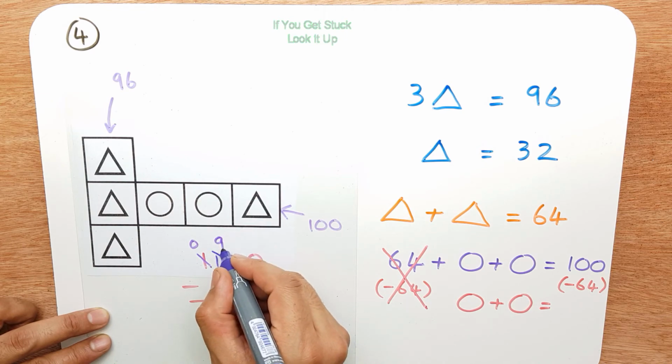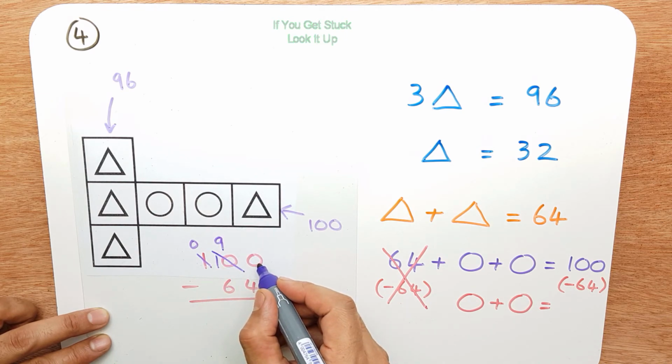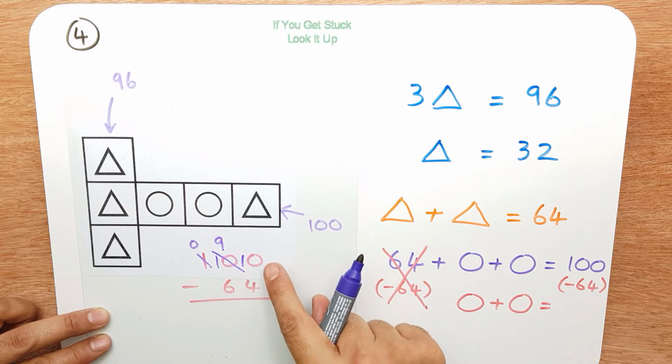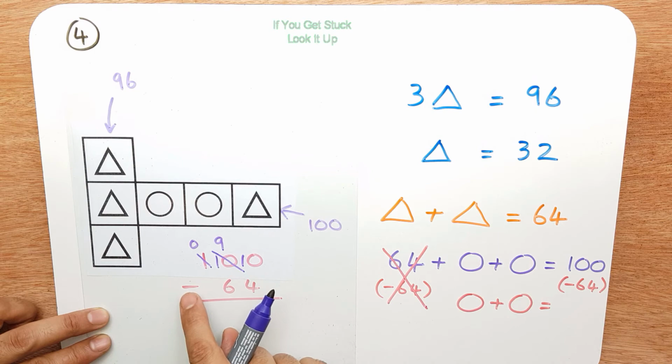That becomes a 9. And that 1 comes here and turns this 0 into a 10. So now we have 10, take away 4, which is 6, 9, take away 6, which is 3, and that's a 0, take away nothing, we leave that. So our answer is 36.